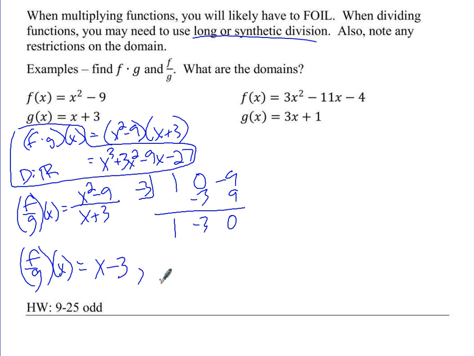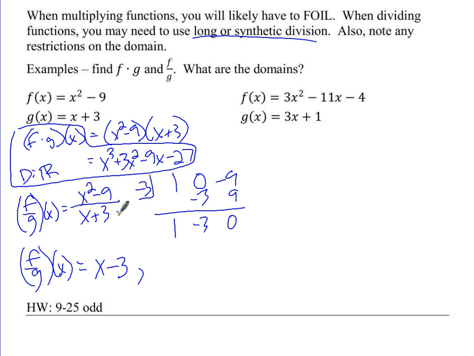But we also have to talk about what x can't be. Are there any numbers that x can't be? Not 0. If 0 is here, then I have 0 plus 3, which is 3. I'm not dividing by 0. Is there any number that I could plug in for x here to wind up adding with 3 to wind up with 0 as an answer?